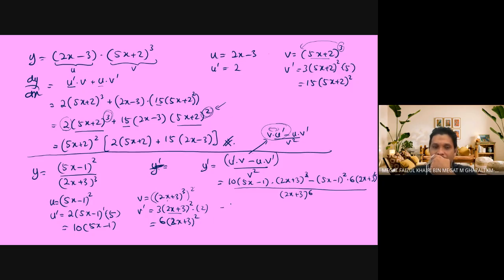Okay, so now look at this. We have this (2x plus 3) to the power of 3, and this is (2x plus 3) squared. So if we have xy cubed minus xy squared divided by y to the power of 6, what will be the result of this?